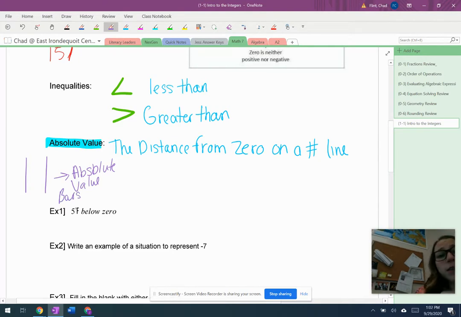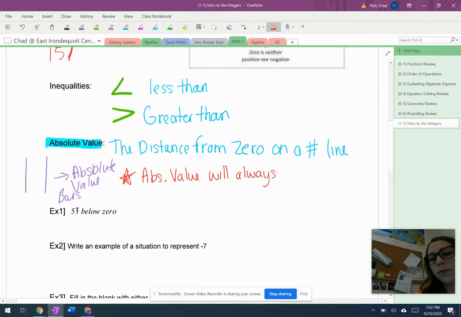And there's another really important sentence about absolute value. Absolute value will always be positive. And the reason that it's always positive is because absolute value represents a distance.